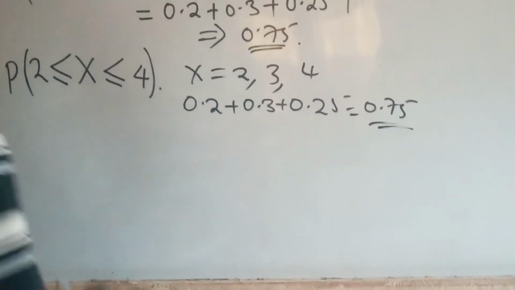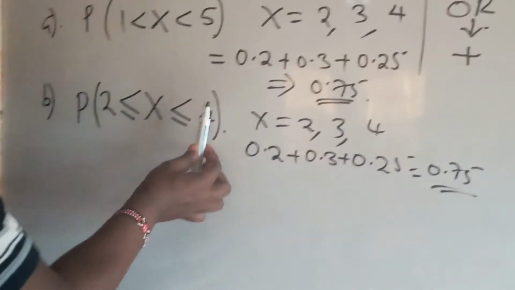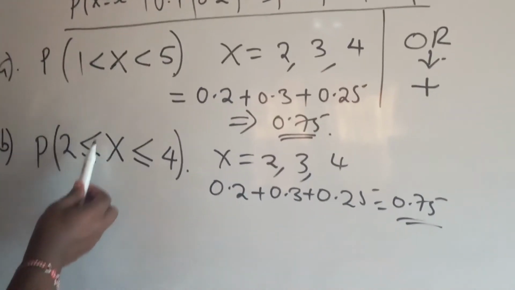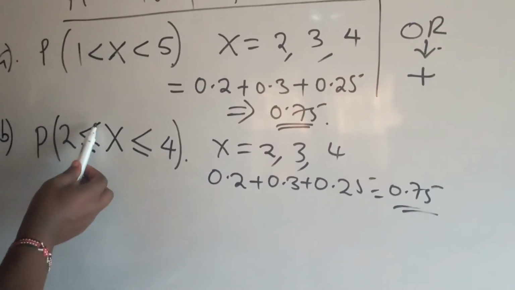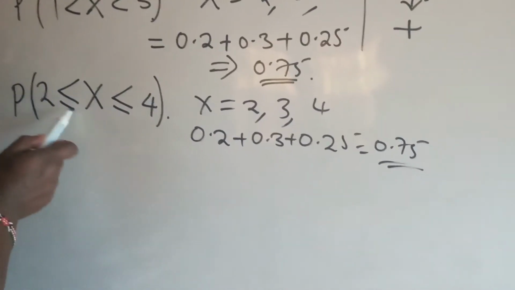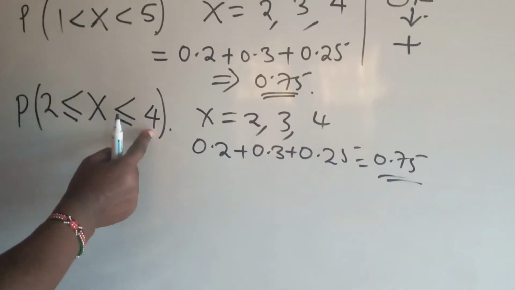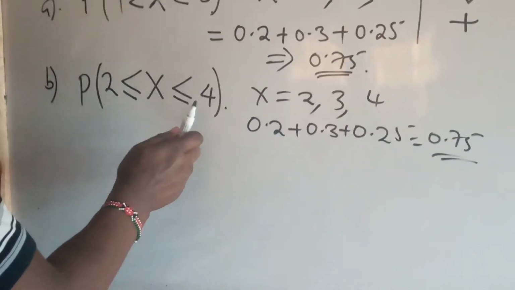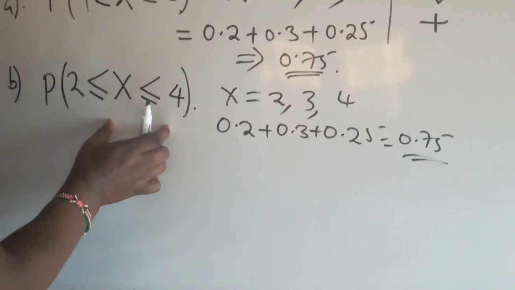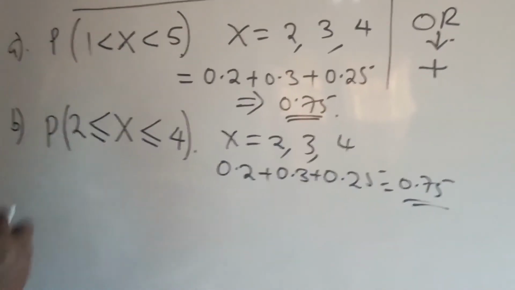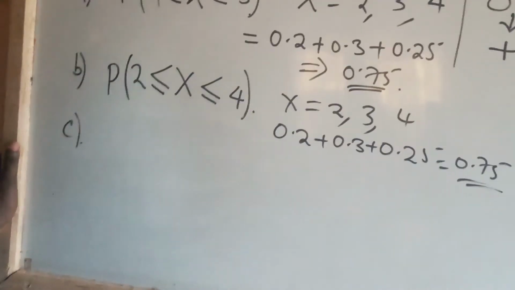And as much as we can see the boundaries are different here, here we have 1 and here we have 2. Note that the presence of greater than or equals to comes within the range. And even for less than or equals to, that means the two boundaries are inclusive while the two boundaries in A are not included.